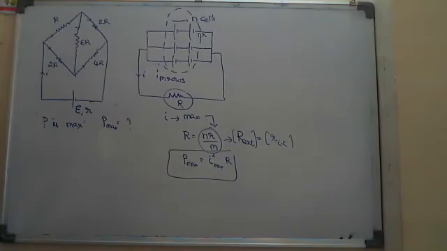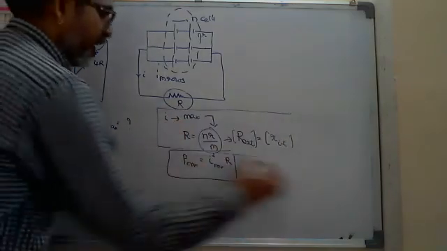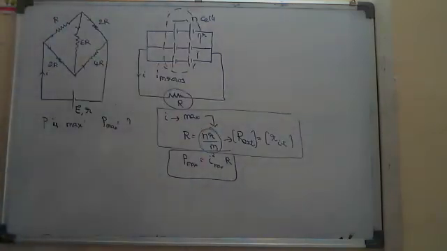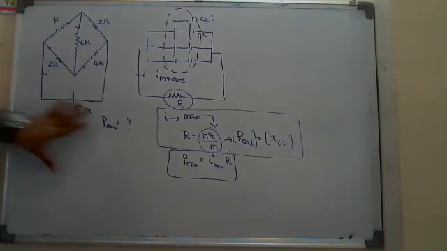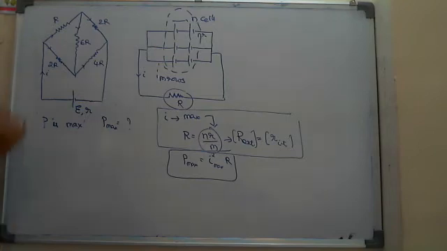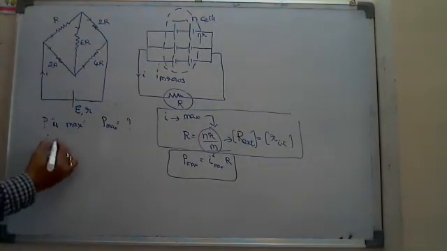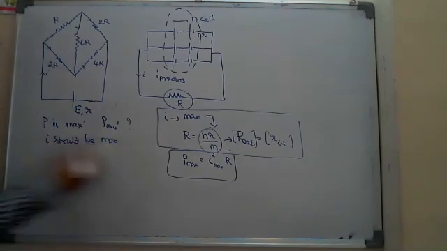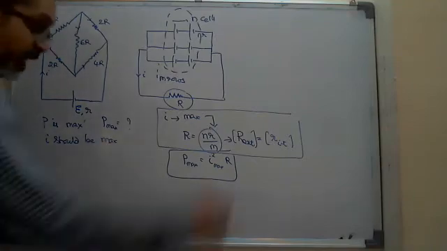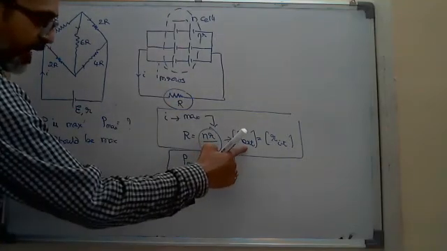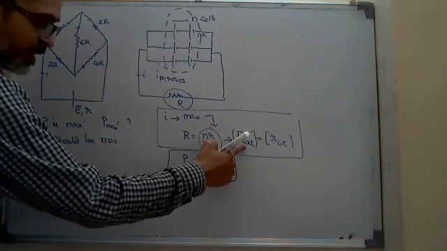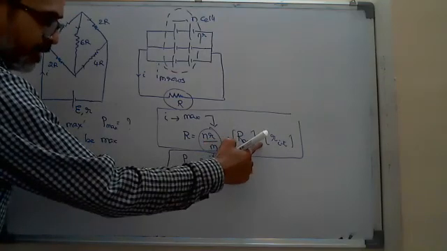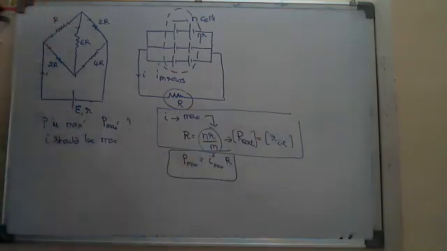This is the concept we learned from the mixed grouping of cells. Same thing here. He is asking for power maximum. Power is maximum means, first of all, I should be maximum. I is maximum when, from this concept, total external resistance equals total internal resistance.